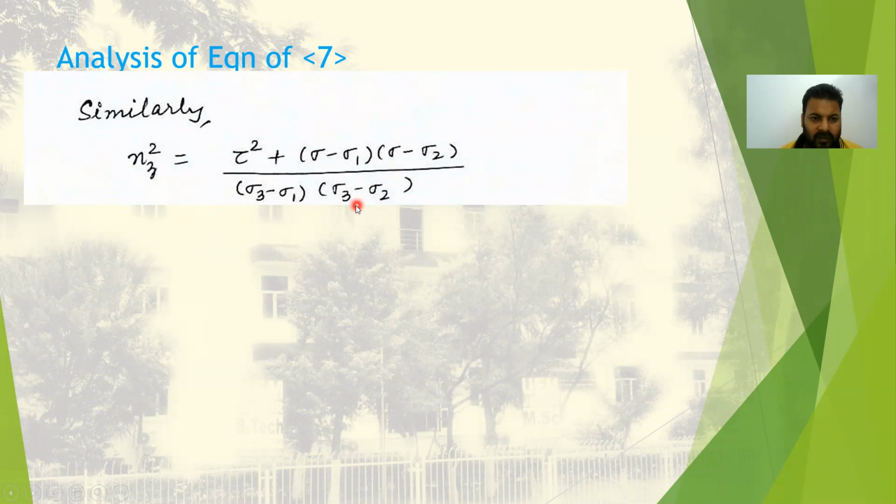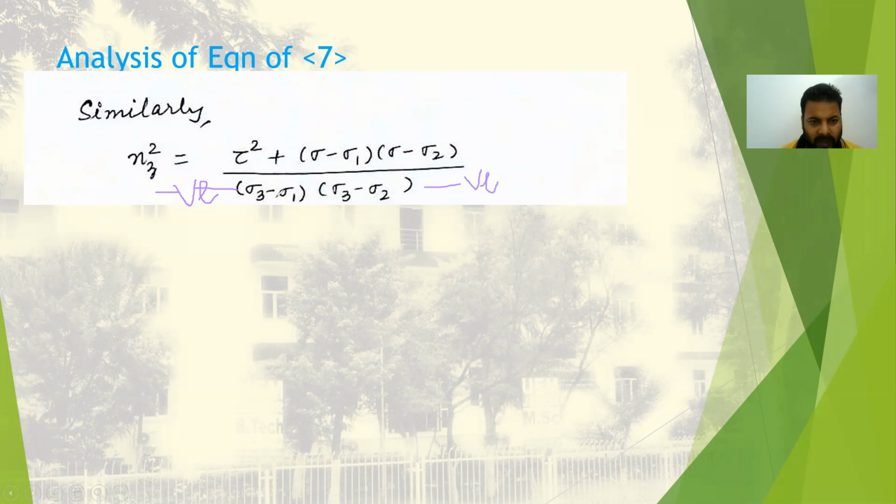So since sigma 1 is largest of all, first of all we need to analyze the denominator part. Sigma 3 minus sigma 1 would be positive or negative. Sigma 3 is smaller, so this one is negative. Sigma 3 minus sigma 2, again sigma 3 is smallest of all, that's why this one is again negative.